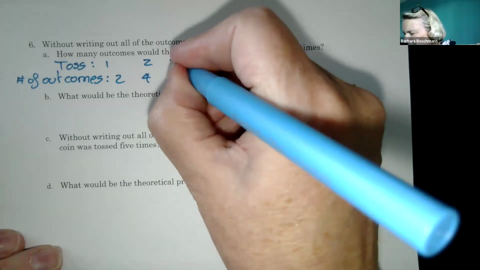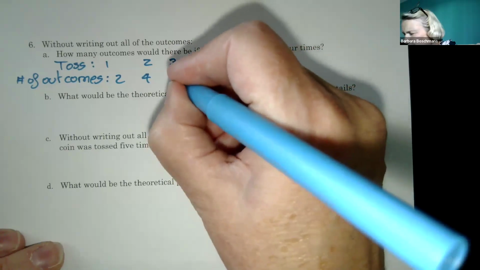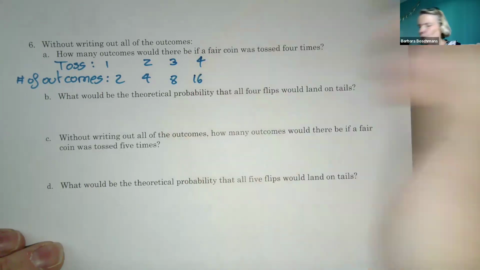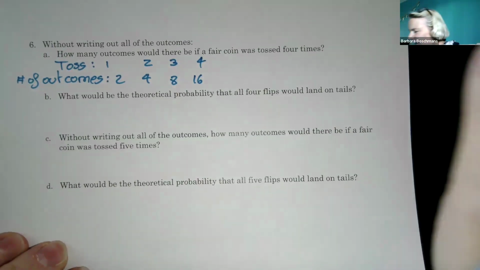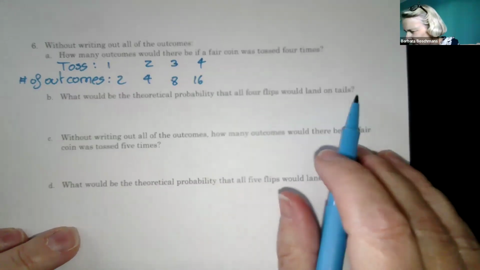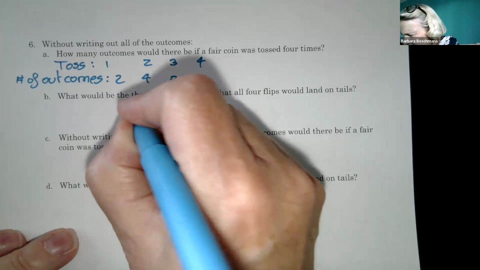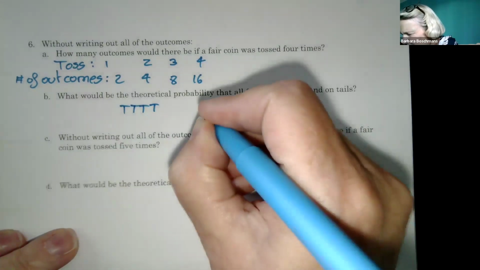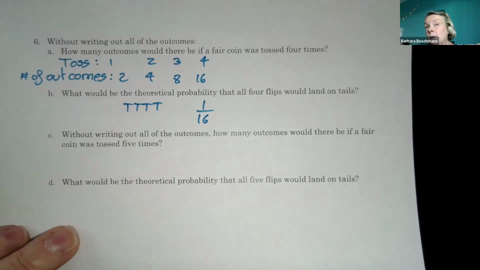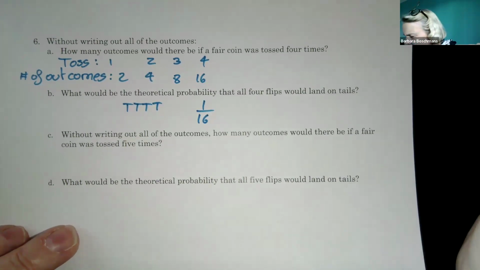If we did it 3 times, that's our probability tree. We had 8. So I think 4 should then go to 16 if you follow the pattern. What would be the theoretical probability that all 4 flips would land on tails? Tails, tails, tails would be 1 out of 16. 16 outcomes, only 1 would have all tails.